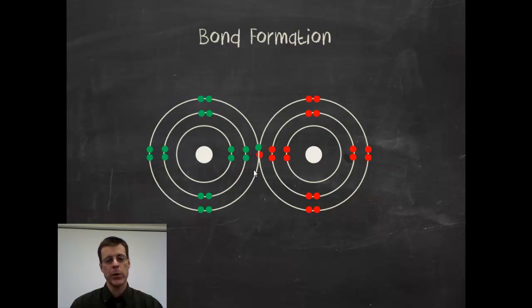If I bring those 2 atoms together and they attract one another so that they overlap their valence orbits, covalent, sharing of the valence. If we overlap and share those electrons, now those electrons are going to spend part of their time with the chlorine atom on the left and part of their time with the chlorine atom on the right. So they're sharing those electrons.